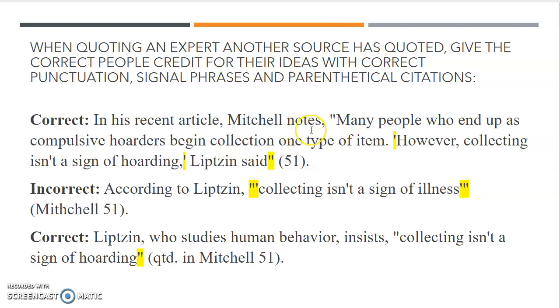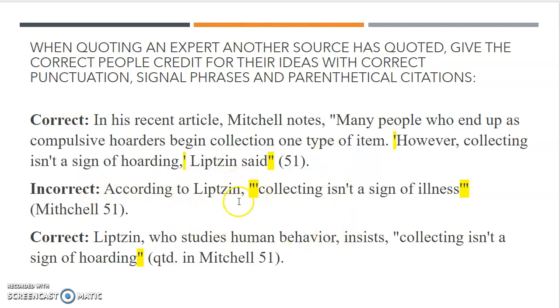And then the citation verb here is notes. And then just give the regular quotation, starting with standard quotation marks. And then where it starts quoting the other author, you change those to single, and then end with standard quotation marks. This one's incorrect here.